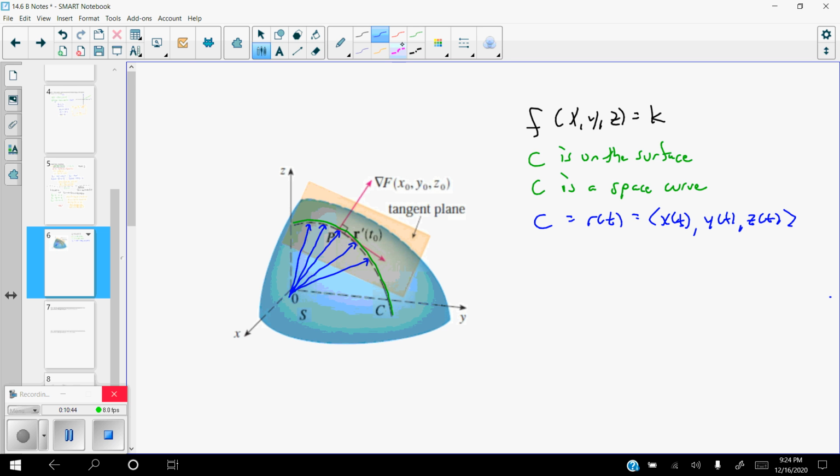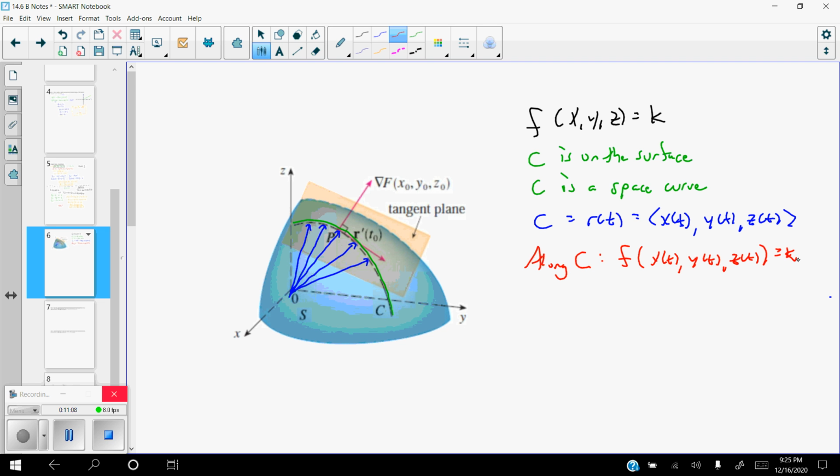So specifically, along our curve C, the function then is going to be defined as f of x of t, y of t, z of t equals some constant k.